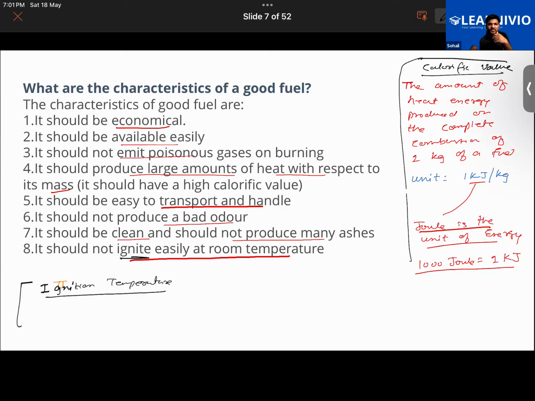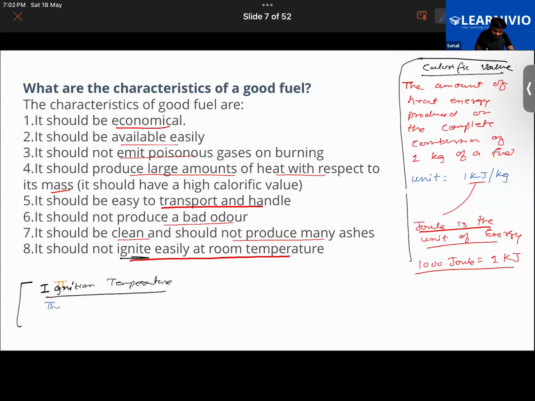Anyways, we were talking about ignition temperature. Ignition temperature is basically the minimum temperature that is required to burn a fuel, regardless of the fuel you have. So I was telling you that in order to burn petrol, you need a temperature of somewhere around 250 degrees Celsius. Or to burn a piece of paper, you would require 230 degrees Celsius. Is that clear to everyone?